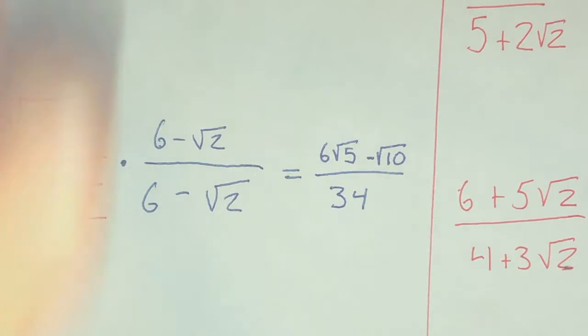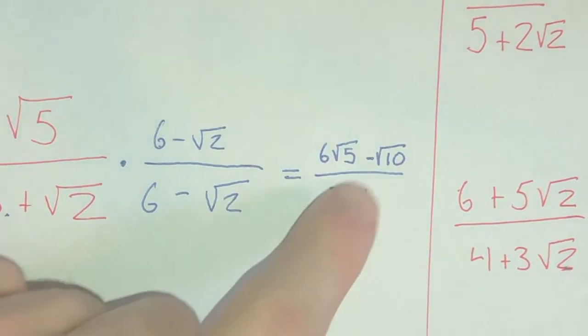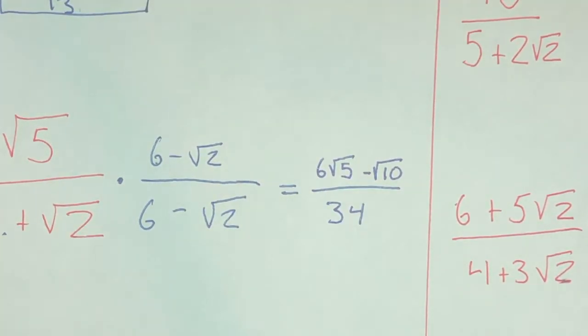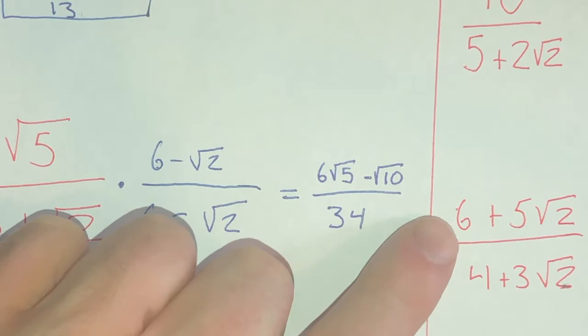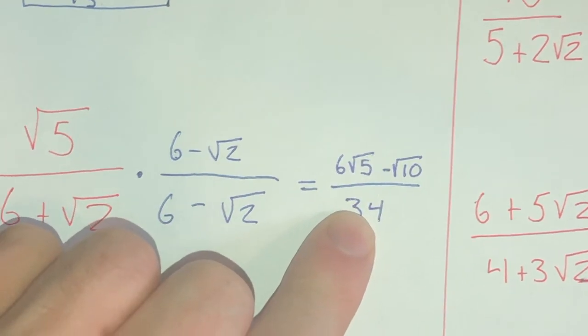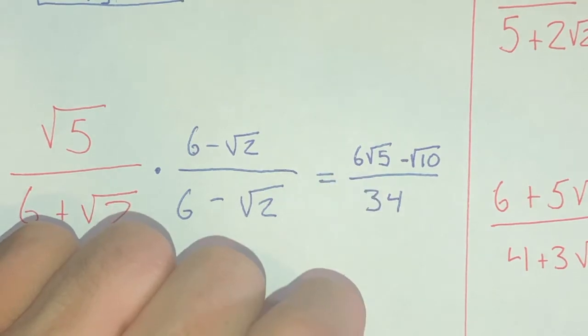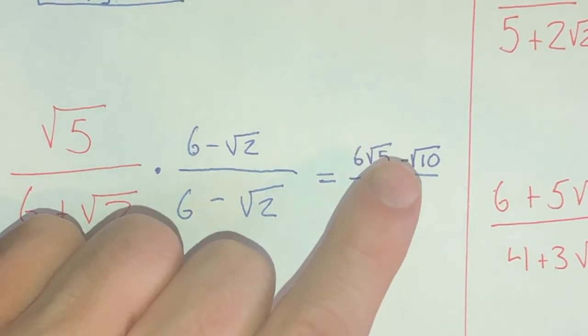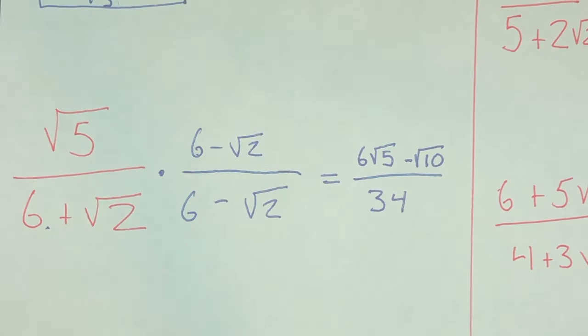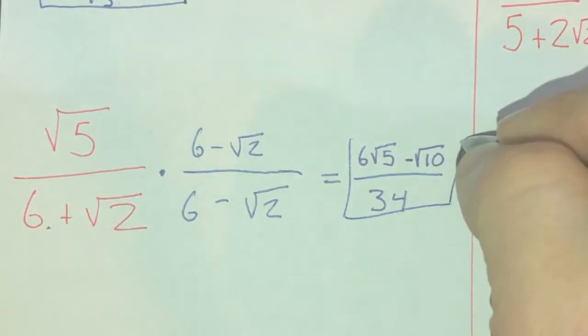Now, some people are like, yep, 5 and 2, but you can't do a 5 and a 2 because neither of them are perfect squares. You can't break that down. What about, can I divide everything by 2? No, because the 6 is divisible by 2, the 34 is divisible by 2, but the 1 is not divisible by 2. So in this case, it seems like you're good to leave it.